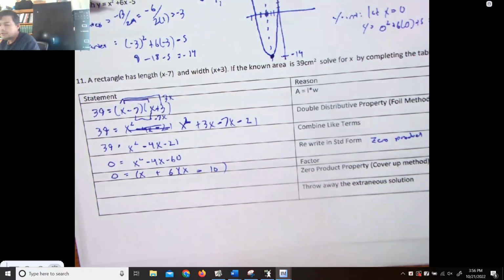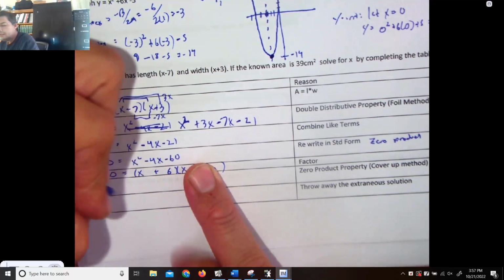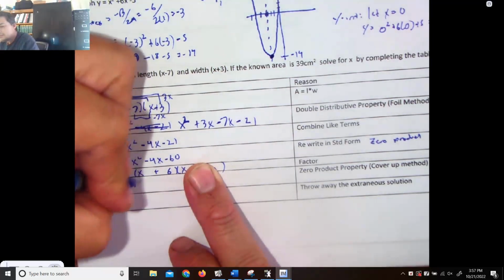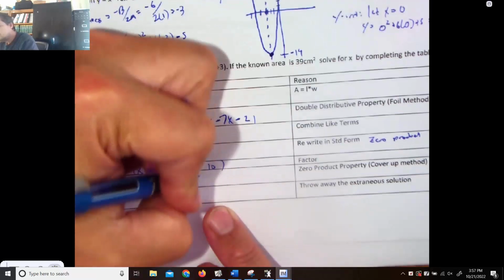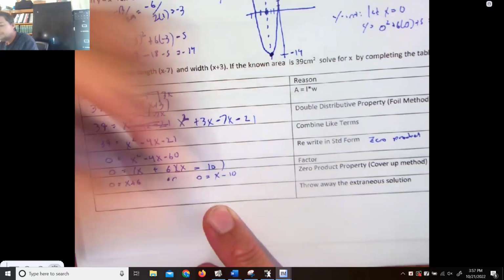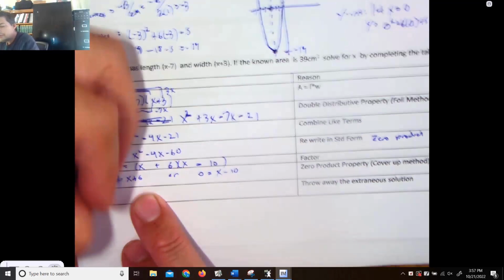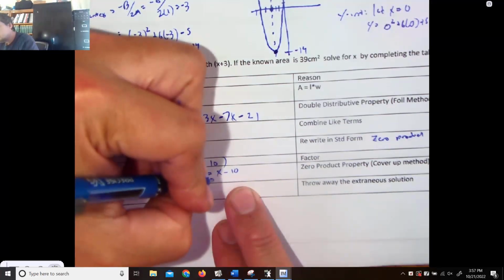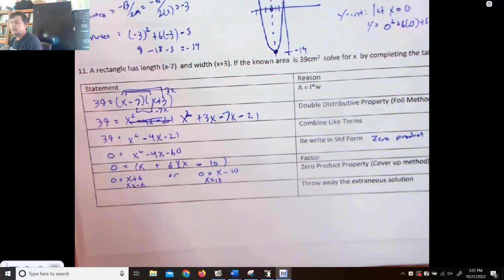Then I hit it with the zero product property, the cover-up method. I say that 0 is x plus 6 or 0 is x minus 10. This gives me solutions of x equals negative 6 or x is 10. And then it says throw away the extraneous solution.